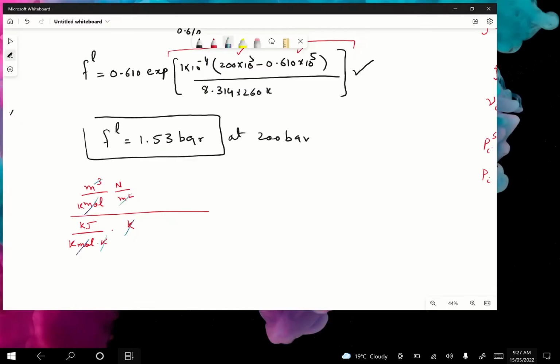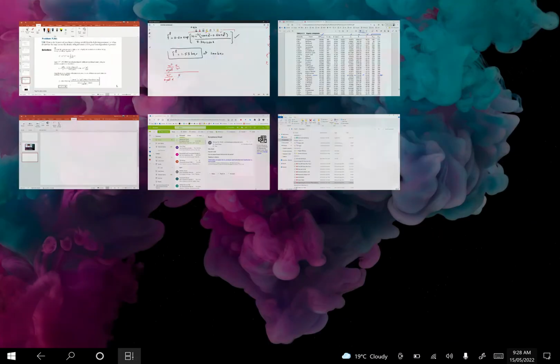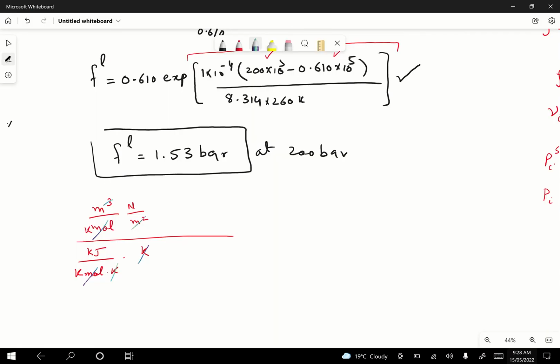Let me double check what they have done. Okay, it's joule per mole. Sorry for this, it's joule per mole, not kilomole. I can do this again.